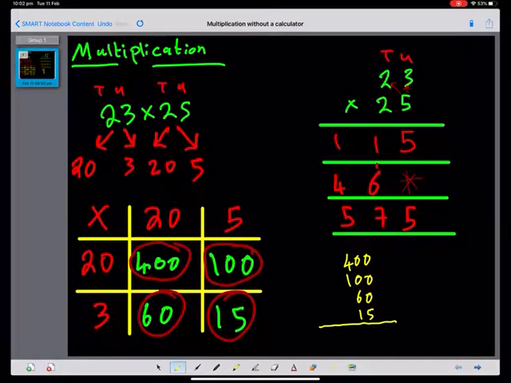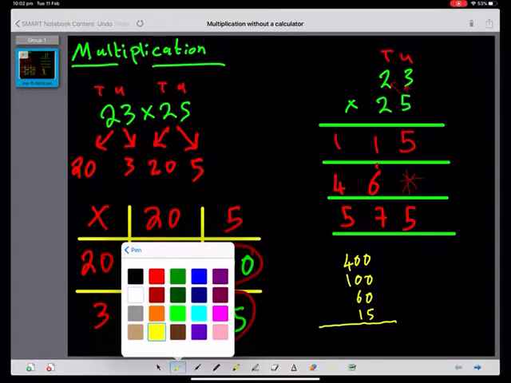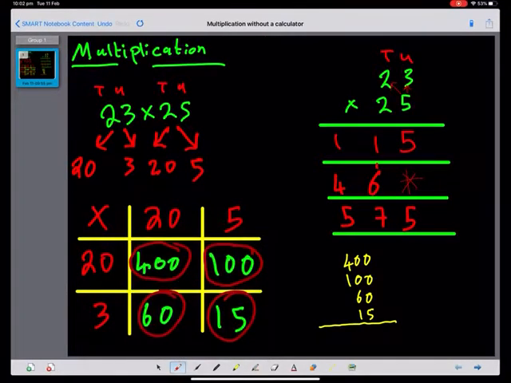Now, if you notice, we have got hundreds, tens, and units columns. If we add up all the units, we've got 5. If we add up all the tens, we've got 7. And if we add up all the hundreds, we have 5. And if you notice, they are the same.